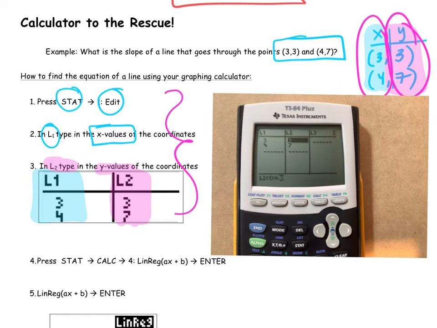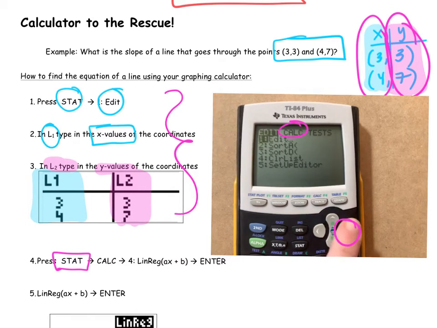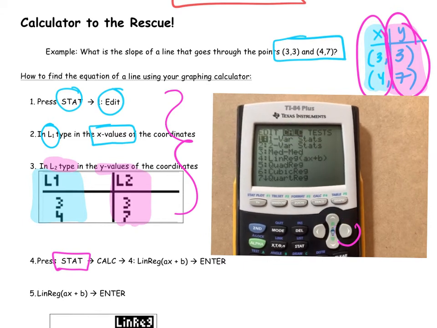Our next step, going through this very slowly, we're going to go back to stat. I'm going to scroll over where I see calc. So I'm going to hit this right arrow, click on calc.